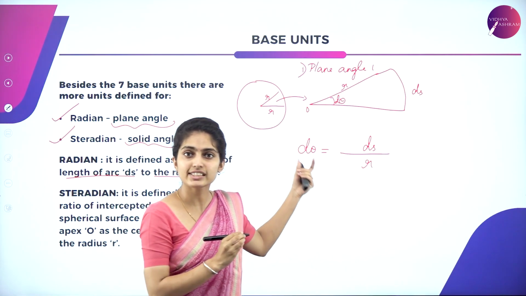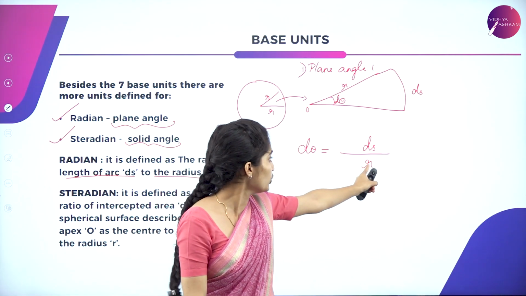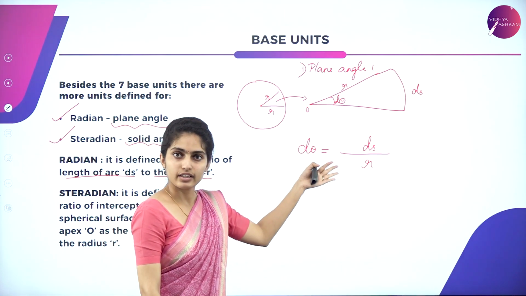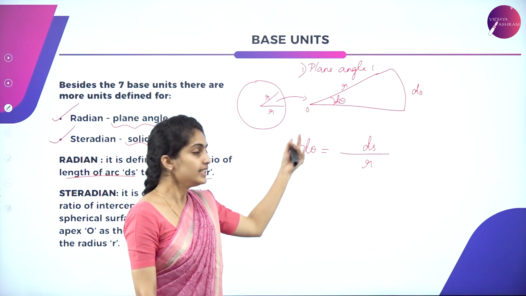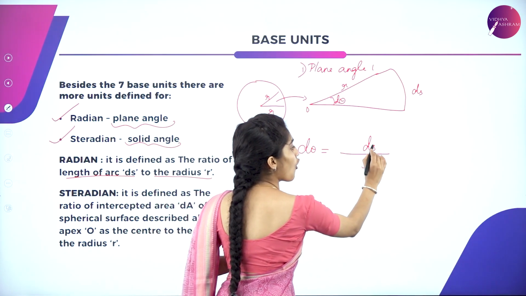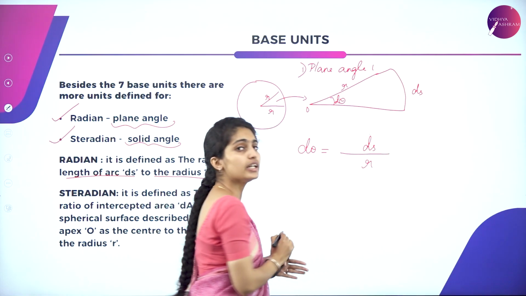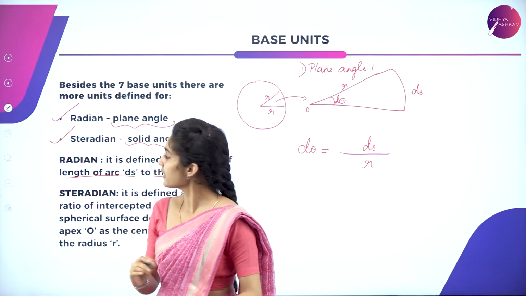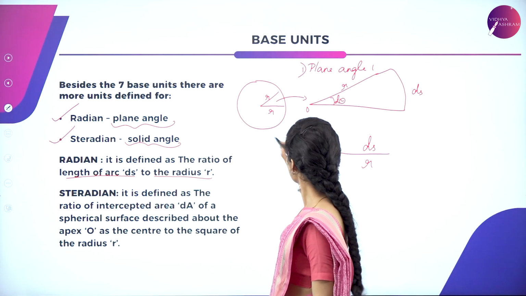So what did we get? d theta is equal to ds divided by r, that is used for plane angle. The radian is defined as the ratio of length of an arc to the radius of the circle. Okay, so that is all about radian.